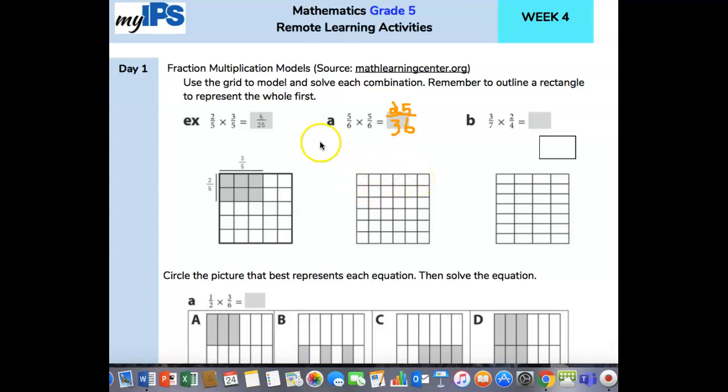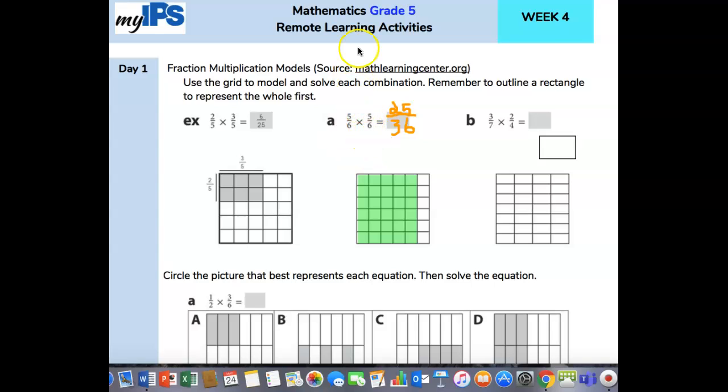Okay? So let's do that with our highlighter. Did I highlight it? I guess I did. So we're going to go across 5/6. You see that? 5 to 6. 1, 2, 3, 4, 5, 6.